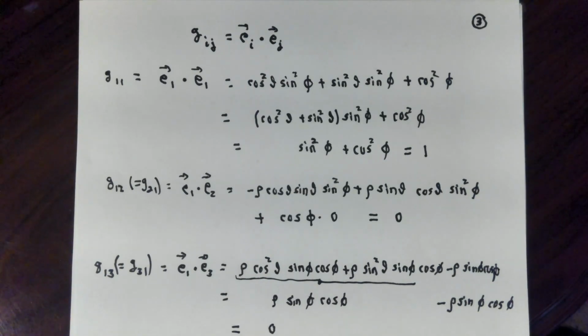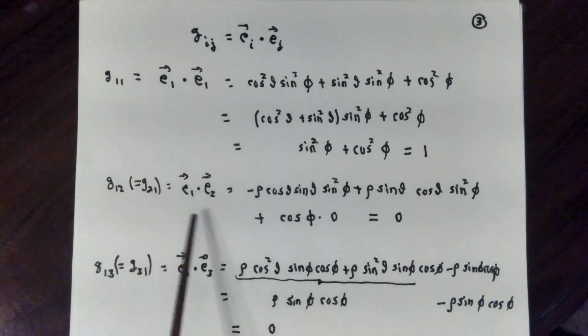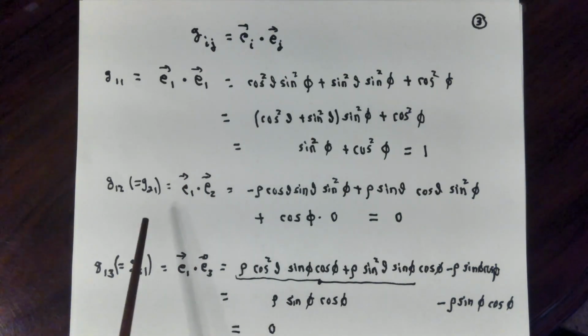So if I know how to do Cartesian dot products, which I do, then I can just write down E1 dot E1, E1 dot E2, and E1 dot E3. It's worth mentioning that I already know G21 and G31 now because of the symmetry of the metric.